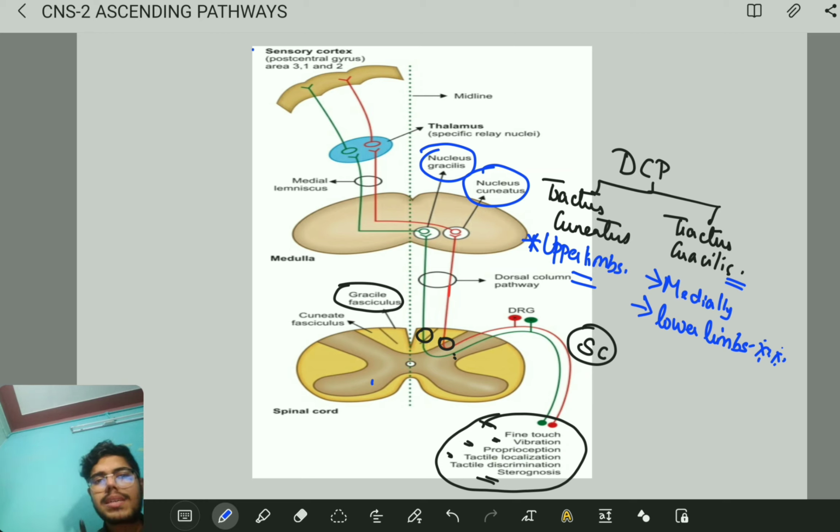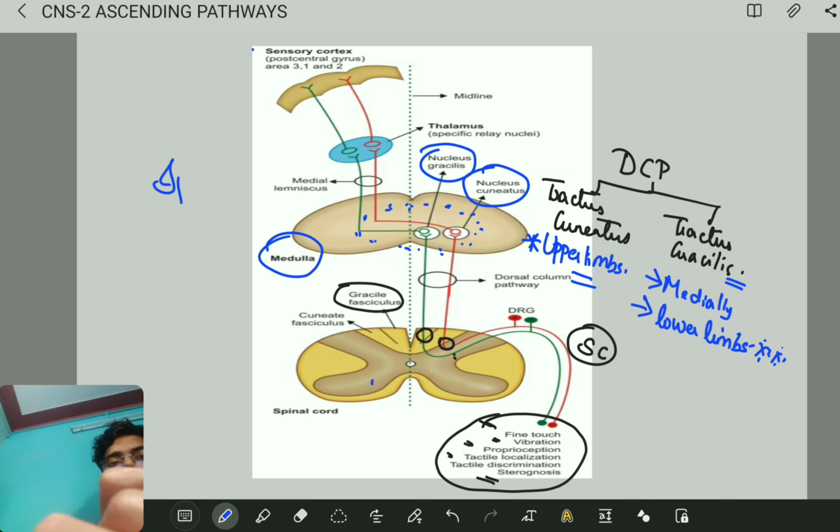But now listen carefully. In dorsal column pathway, specifically in medulla, there is crossover. Can you see here? There is crossover, and before that it is ipsilateral to spinal cord. Am I right? So it is ipsilateral to spinal cord.